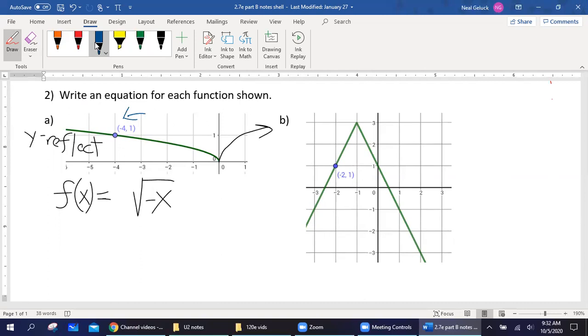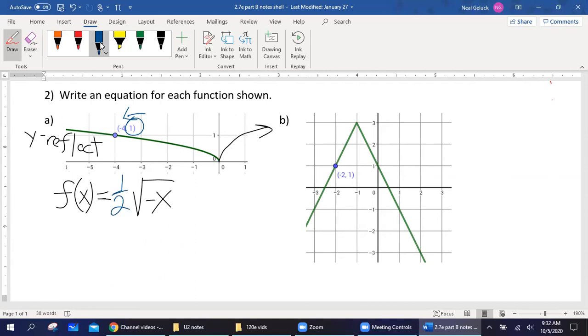Well, if I try that with this, if I pop in -4, that'd be the square root of 4, which is 2, but it's supposed to be 1. So something's wrong here. I don't quite have the function the way I need it. Well, what's happening is this is being vertically shrunk. I need a half on this.